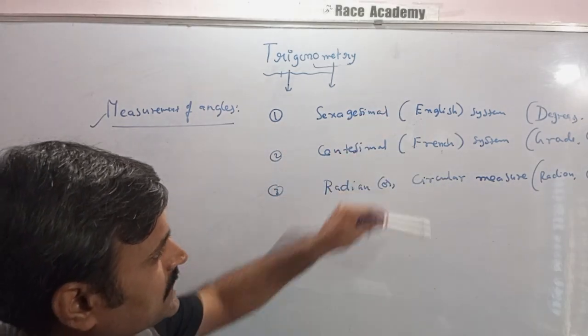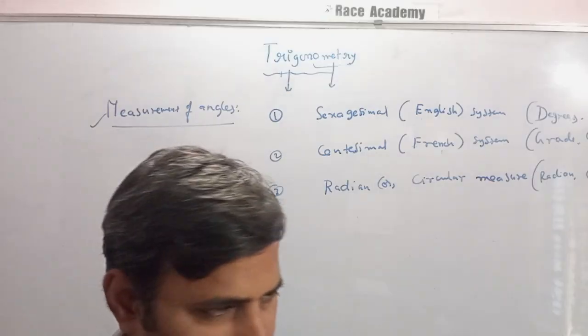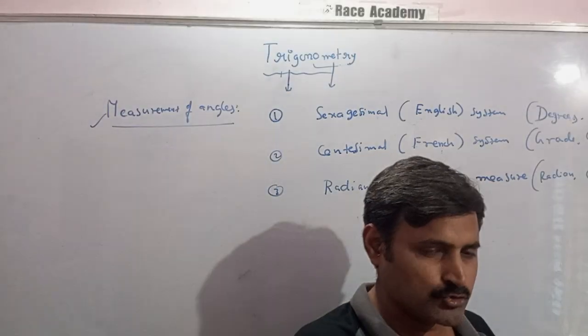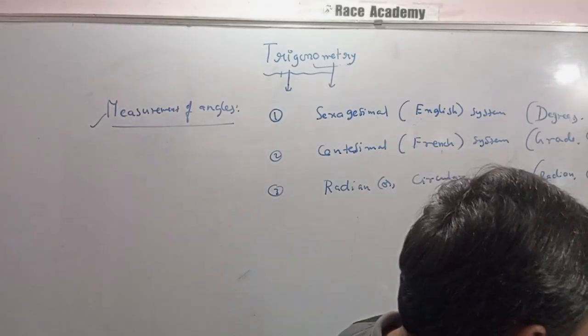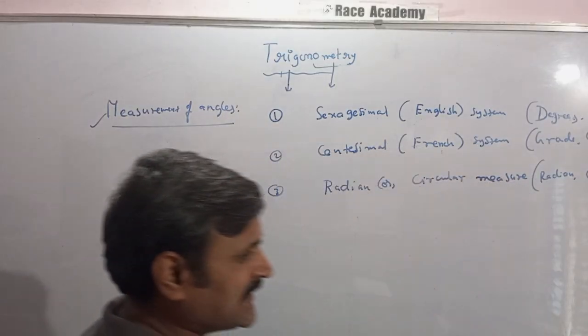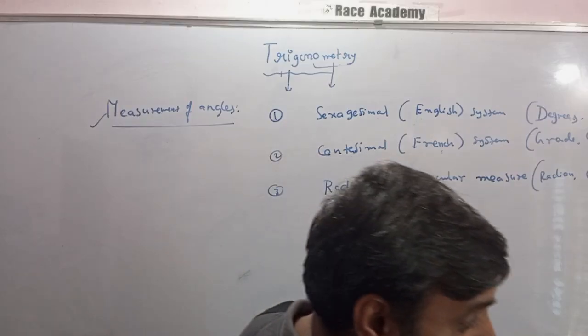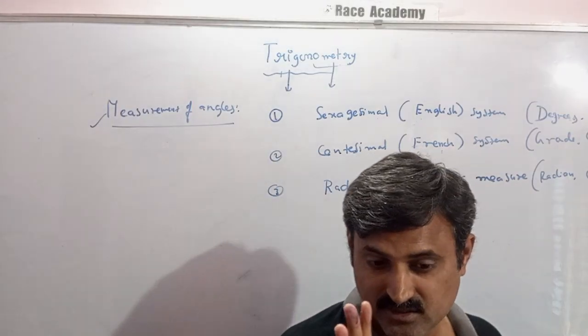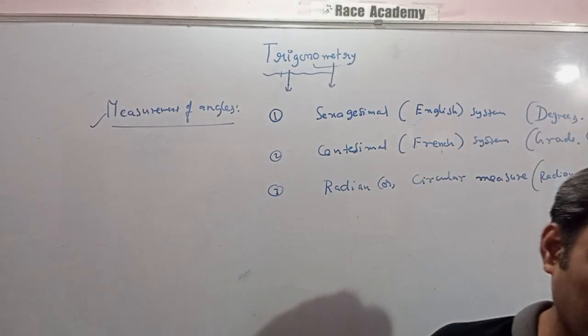See this difference here. In the first system, one complete rotation is divided into 360 equal parts.